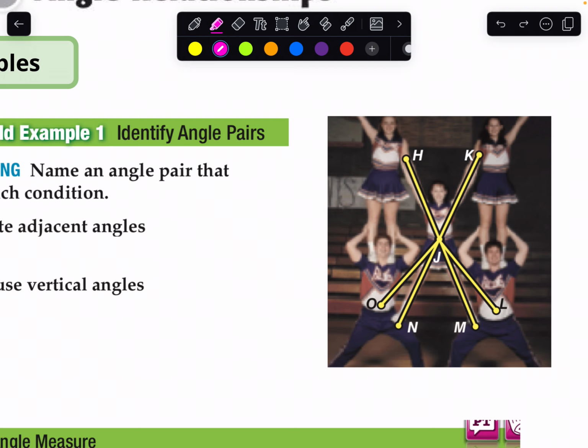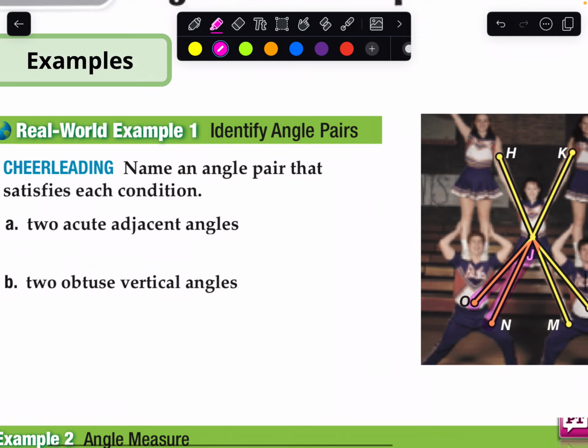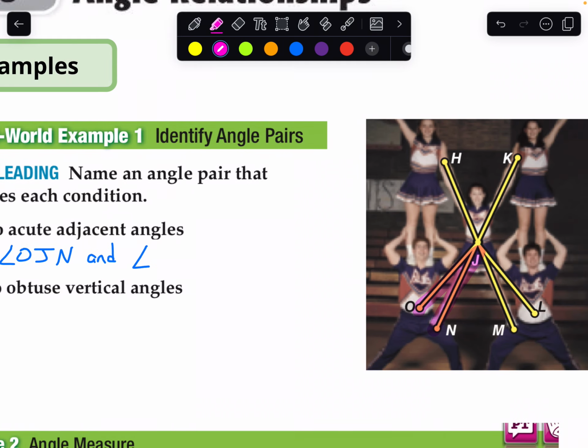So I'm going to go down here. There's one. So OJN. And the angle right next to it would be NJM.